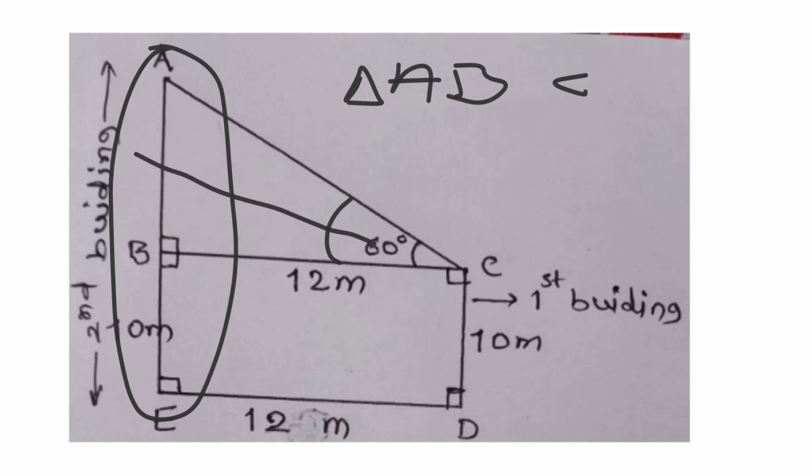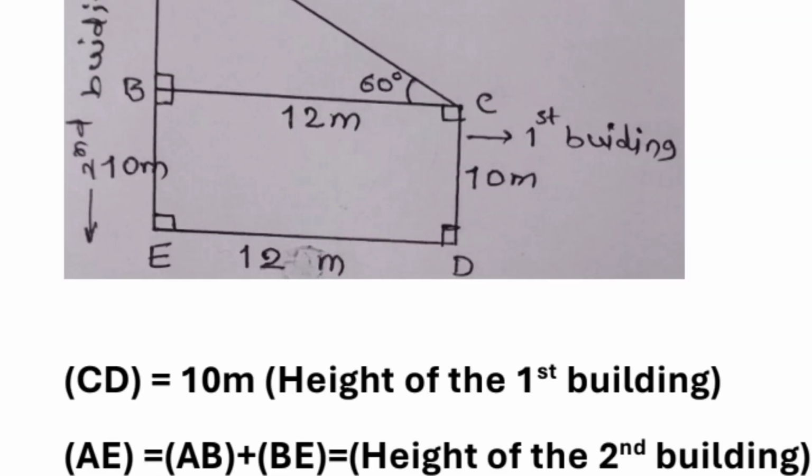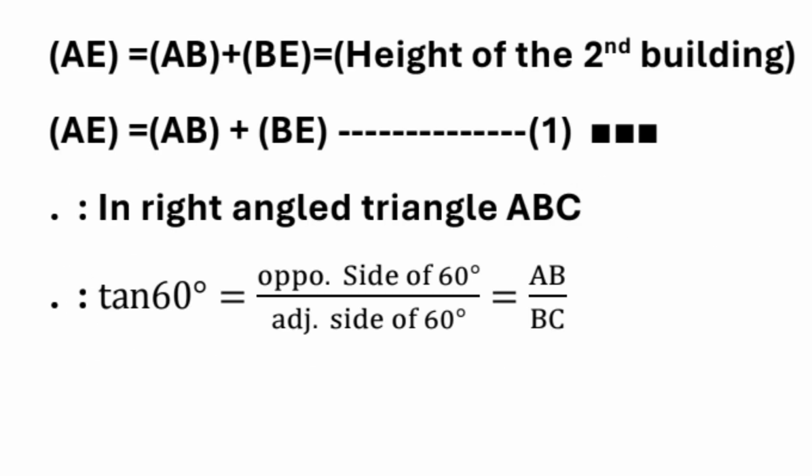Tan 60 means opposite side of 60 degree upon adjacent side of 60 degree. Therefore, we use tan 60 degree is equal to AB upon BC.